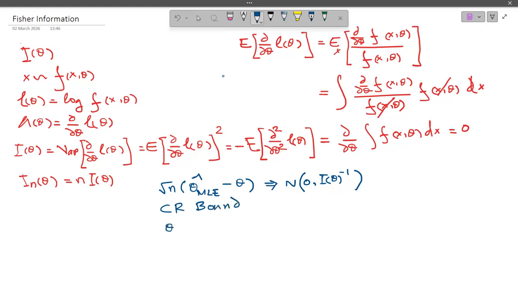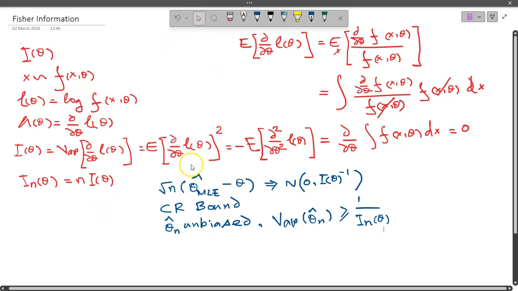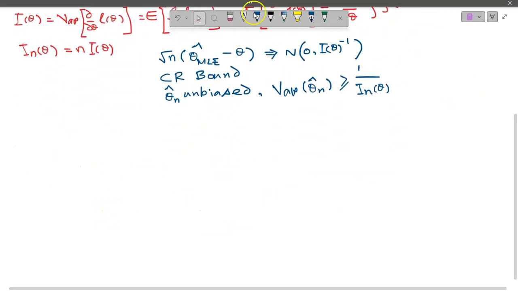It says for any theta n hat unbiased for theta, the variance of theta n hat is greater than or equal to 1 by n I theta, the information in the sample. So this is the lower bound of the variance of the unbiased estimators of theta. This is a well-known, well-used result in statistics.